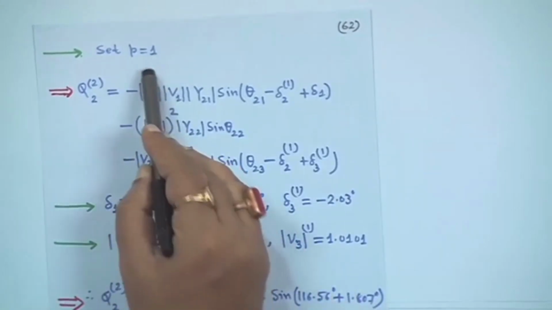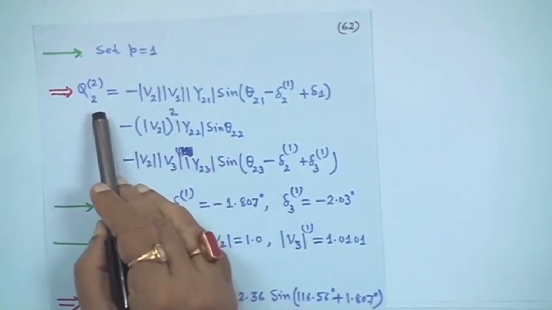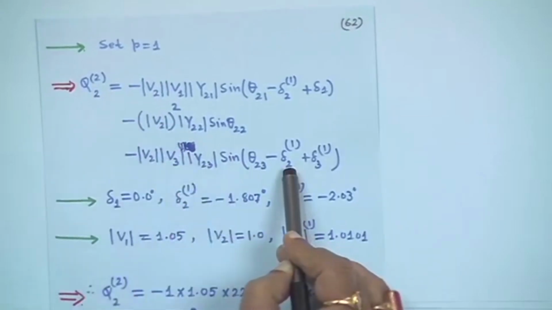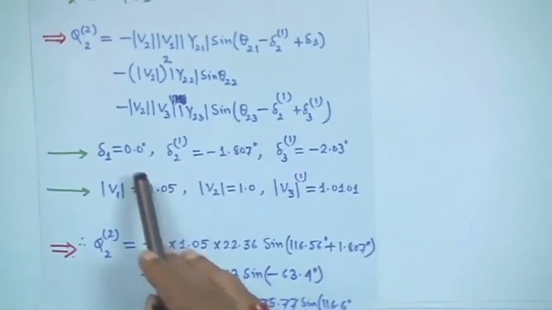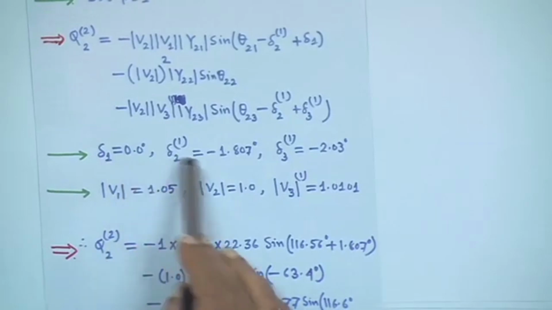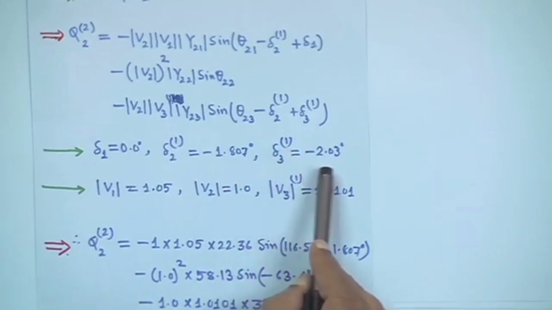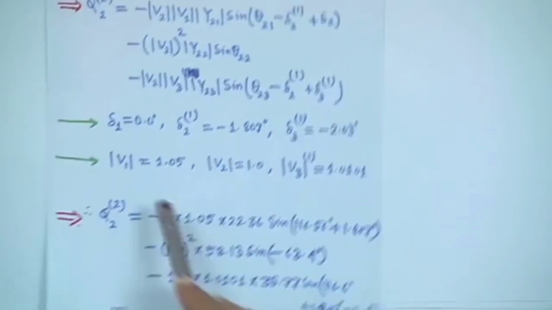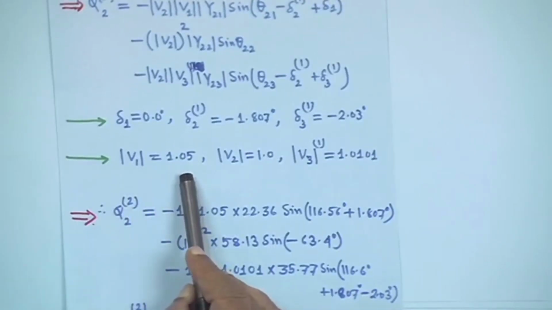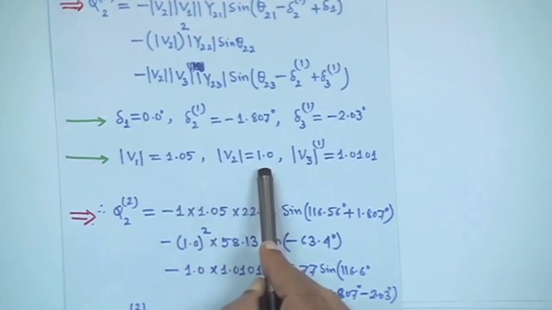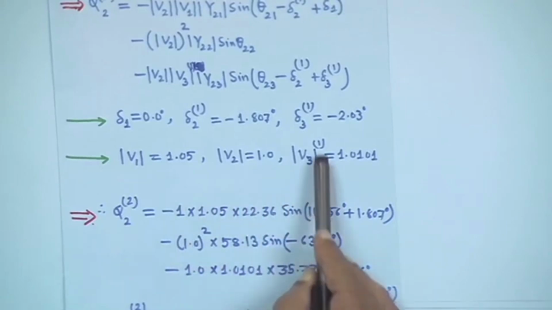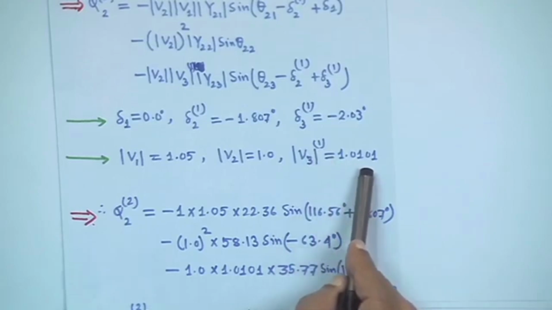Similarly, set P equal to 1, and the same equation for Q2 will come. Now, delta 1 is 0, delta 2 is computed as minus 1.807 degree, delta 3 is minus 2.03 degree, magnitude V1 is 1.05, magnitude V2 is always constant at 1, and magnitude V3 in the first iteration is 1.0101 per unit.